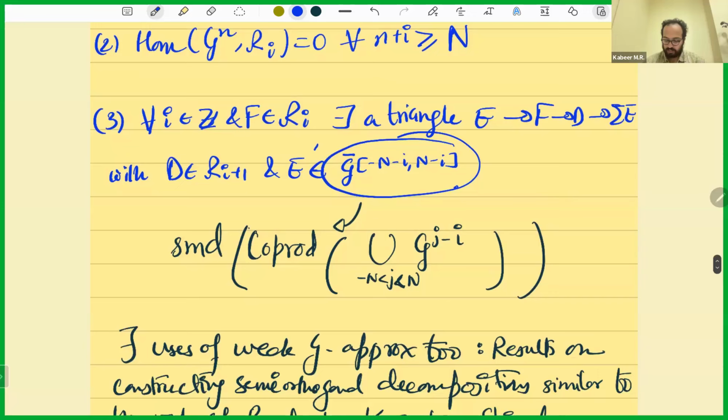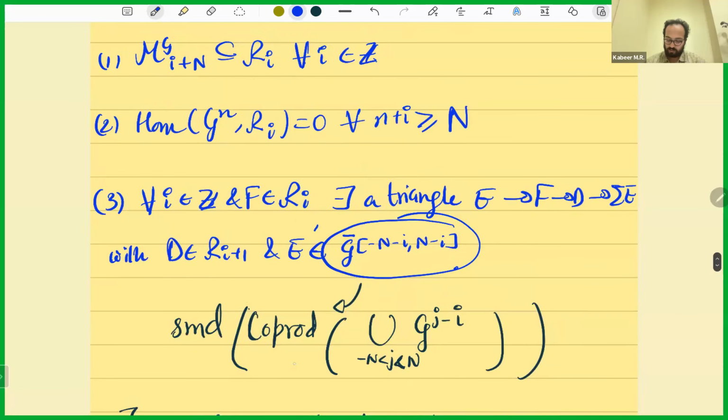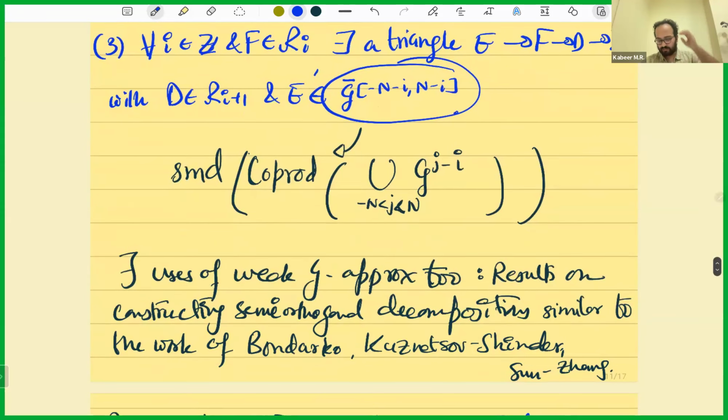And here there is no bound on the number of extensions. That's the only difference. I should mention in passing that there exist uses of weak G-approximability too. There are results on constructing semi-orthogonal decompositions, with similarities to work of Bondarko, Kuznetsov-Schinder, and Sunanjang.